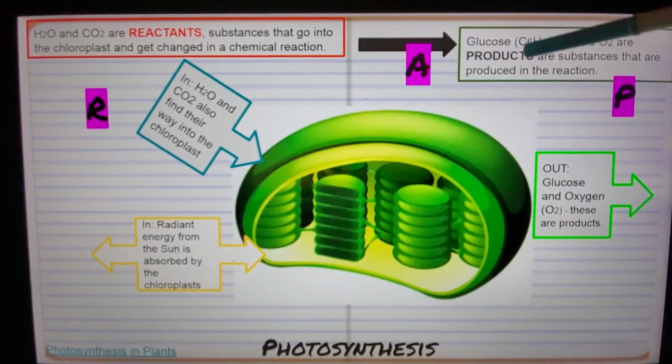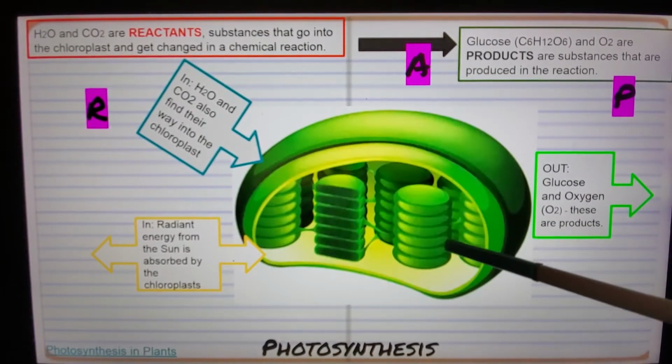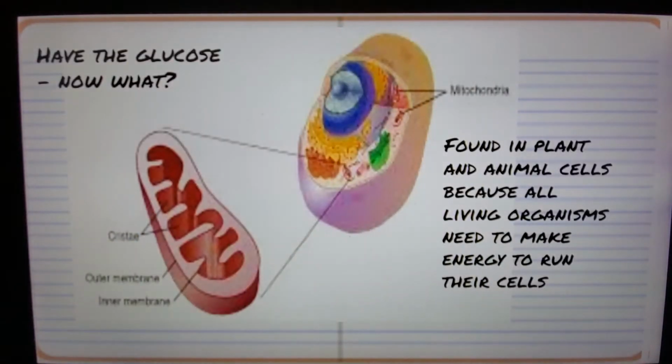And what we get are these products. The chloroplasts make glucose and oxygen, and they make it because the plant has to feed itself. So it makes its own food. It is an autotroph. So now the glucose is made.